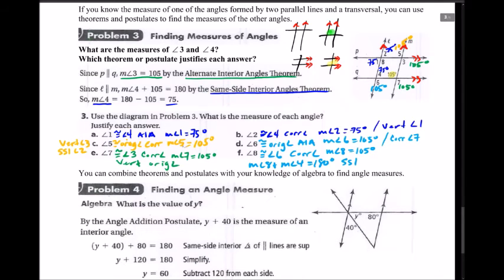So multiple ways to find that. Angle 8, we could do a lot with angle 8. By this point, we've got everybody else. It is corresponding to angle 6. It is also same side interior with angle 4. It is also a linear pair with angle 1 and angle 2.